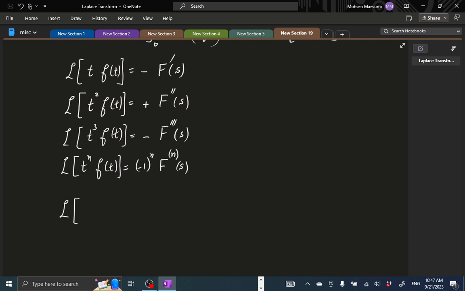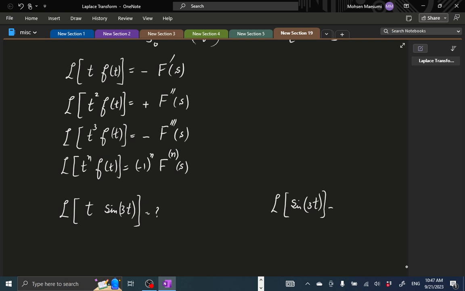Suppose I want to find out what is the Laplace transform of t times, say, sine of 3t. I want to find this. What do I do? I go ahead and first remind myself, this approach works if without t, whatever we have in our box here is a function that is known to us, meaning we know its Laplace transform.